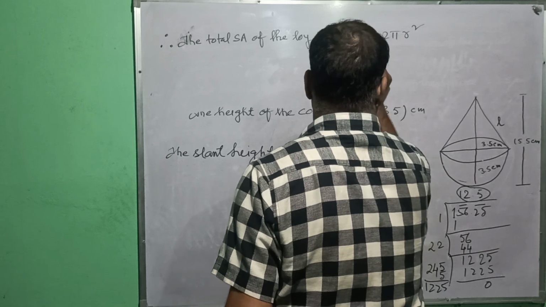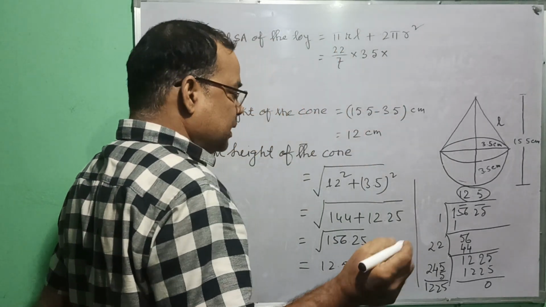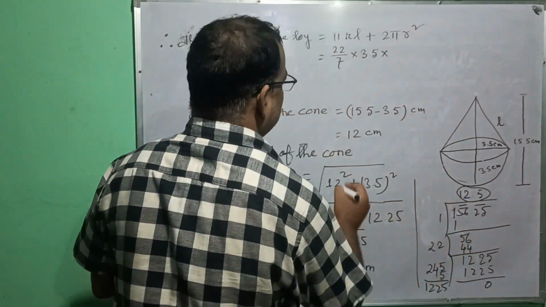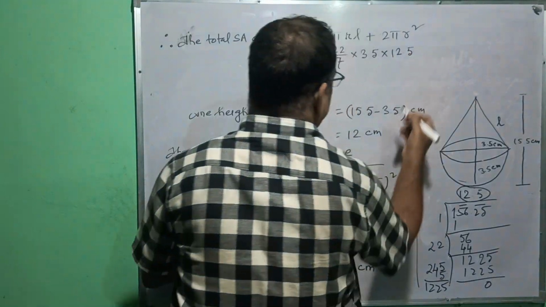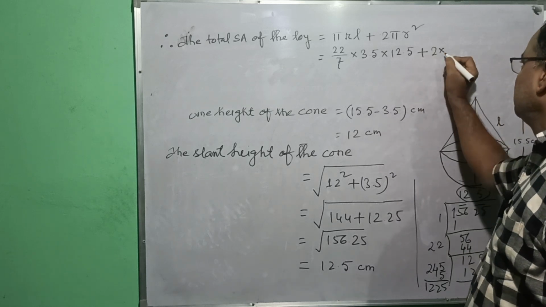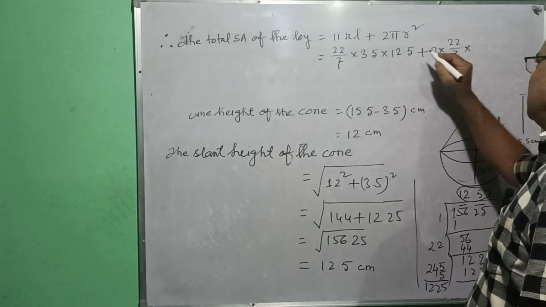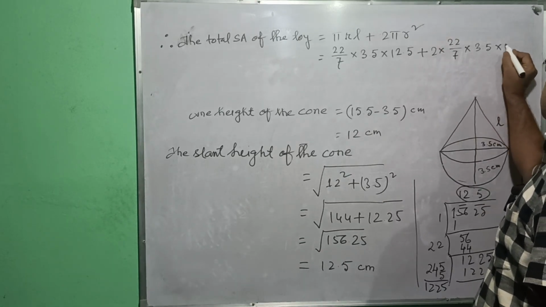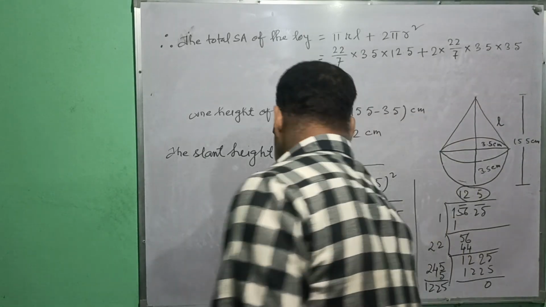Times radius 3.5, times the slant height we found, 12.5, plus 2 into 22 by 7 into r squared, meaning 3.5 into 3.5.